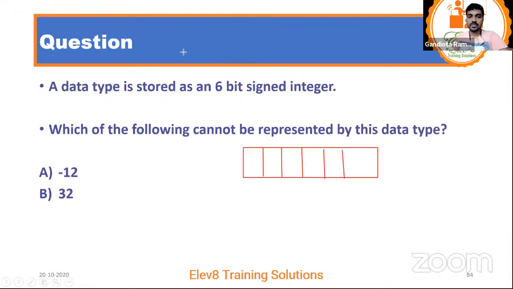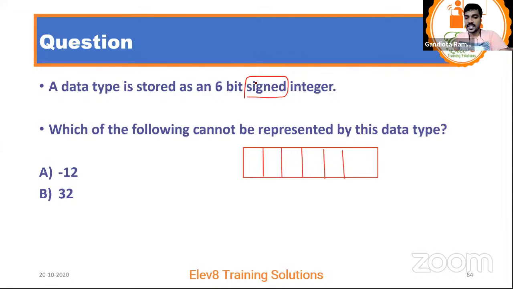See ma, these are the 6 bits we have, right? But what are we going to store ma? So the data type is stored as a 6-bit signed integer ma. Must please note this point. It is a signed integer.